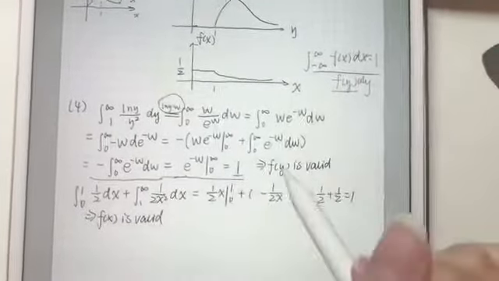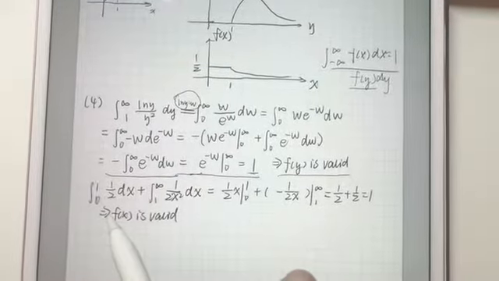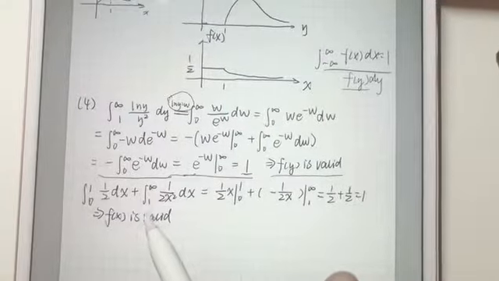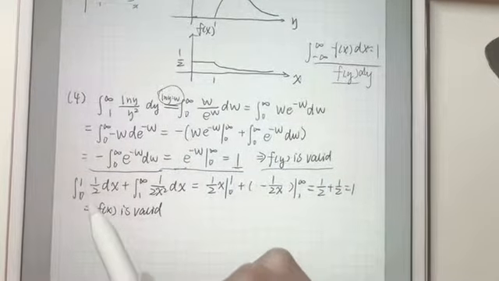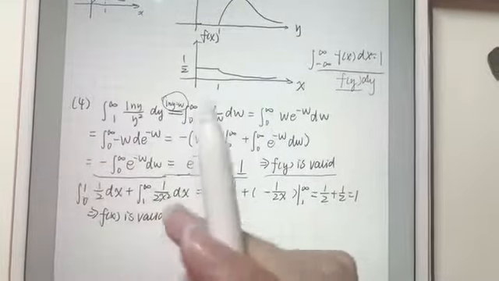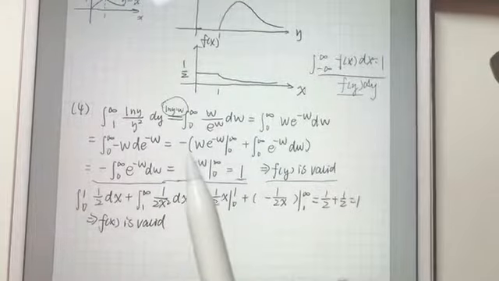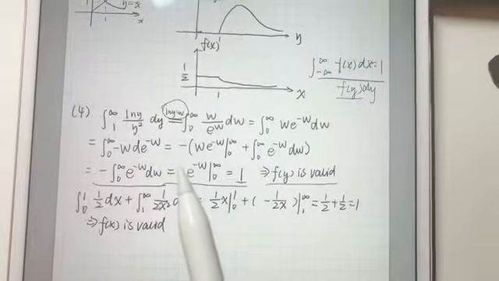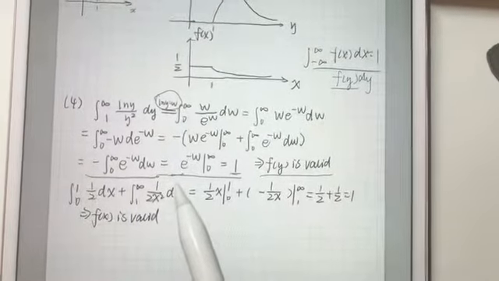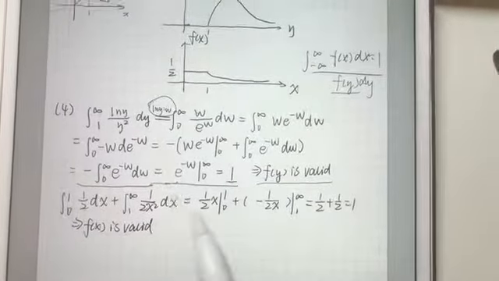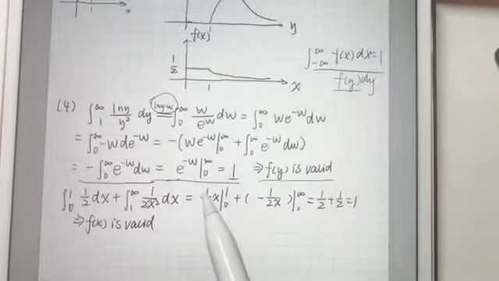Also, to verify whether f_X is a valid density function, we need to calculate the integral from minus infinity to infinity of f_X dx.